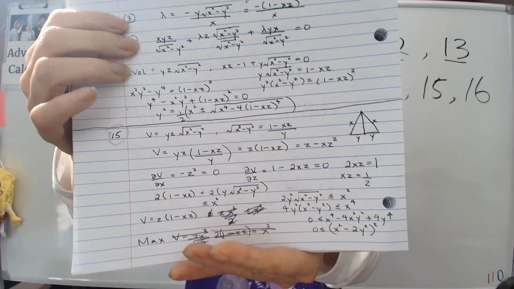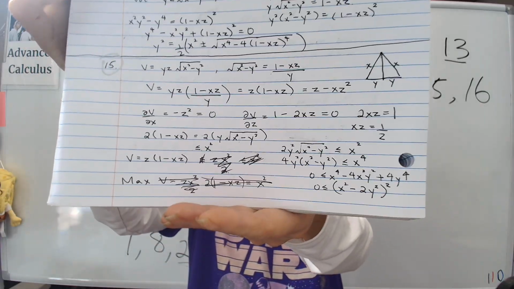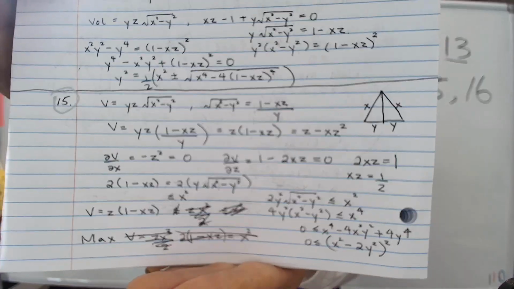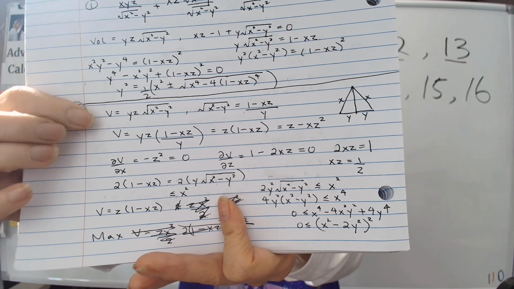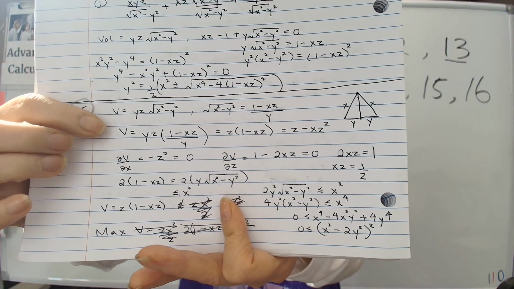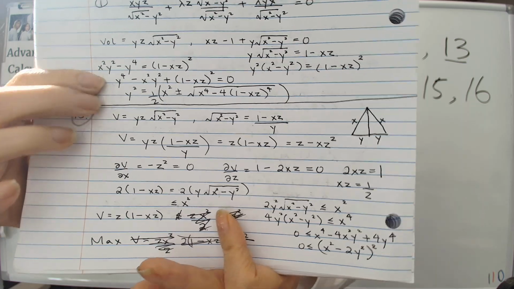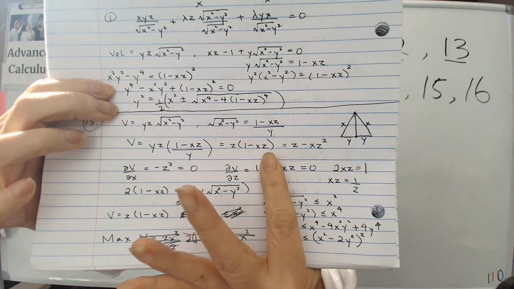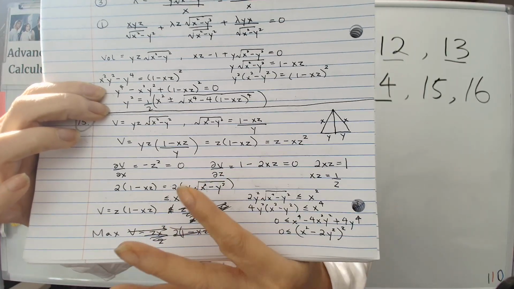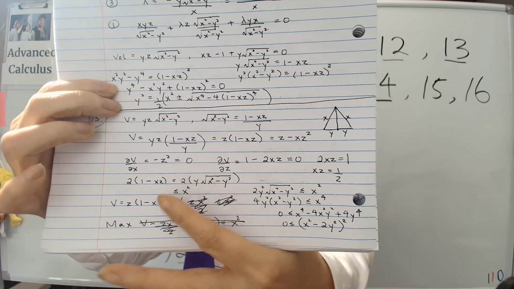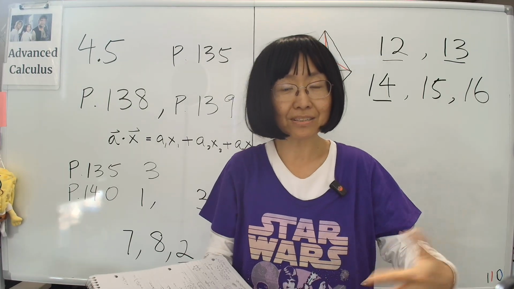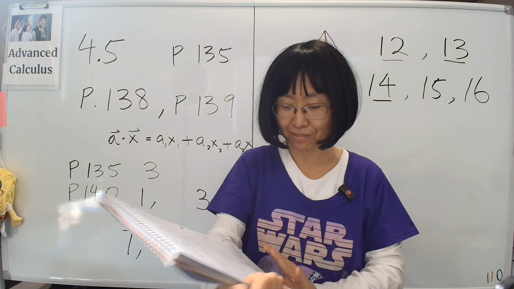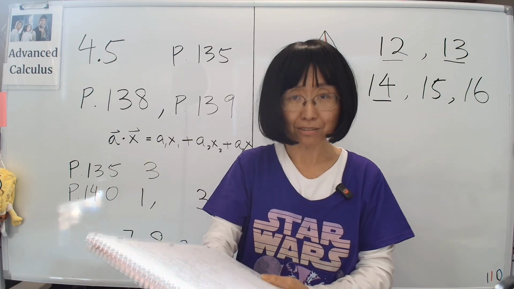So I decided to do what the book says and eliminate y. Then I found that V equals z times (1 minus xz), and taking the partial derivative of that does not get me very far, because that is an odd-looking function that doesn't even go to 0 or something.